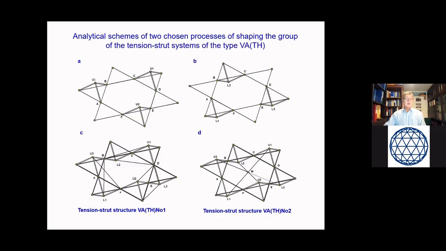The next group of structural systems is shaped by usage of the same type of tetrahedron modules, arranged this time above and below the triangular hexagonal grid composed of struts located in the middle layer of the created spatial structure. Vertex nodes of these tetrahedrons can be connected in various ways.